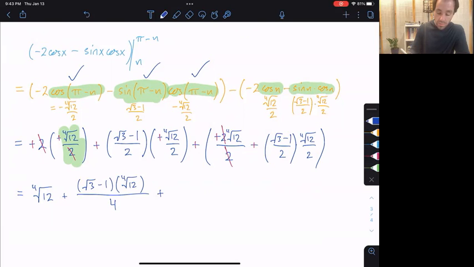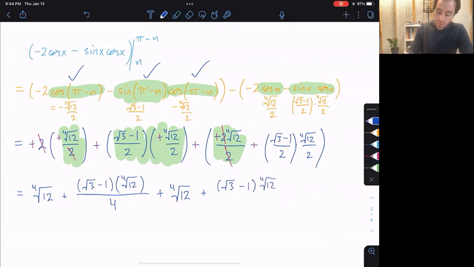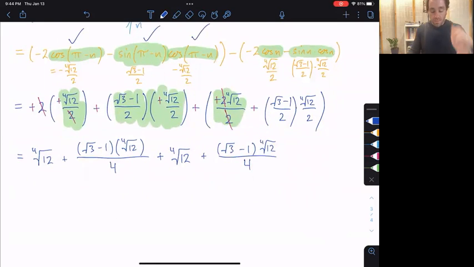It's easy to lose track of this. Then plus, on the inside there was fourth root of 12, right? So as of now, we've gone up through here. And then plus another root 3 minus 1 times fourth root of 12 all over 4.